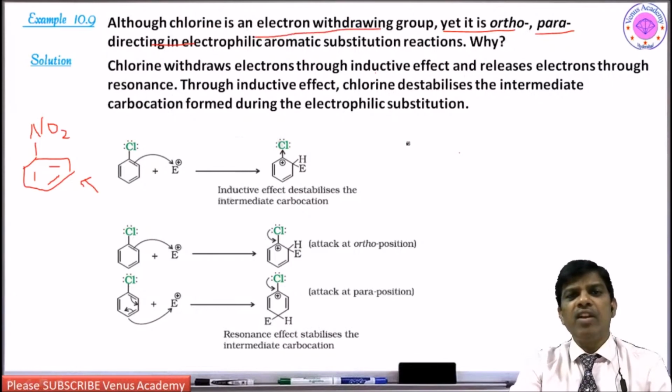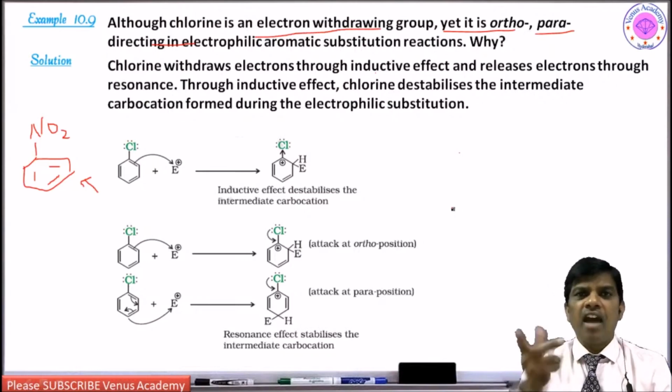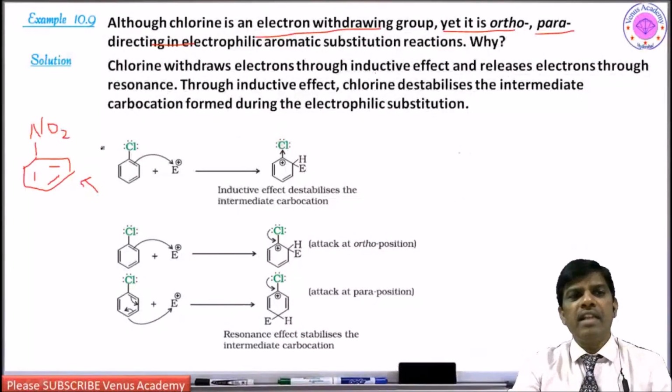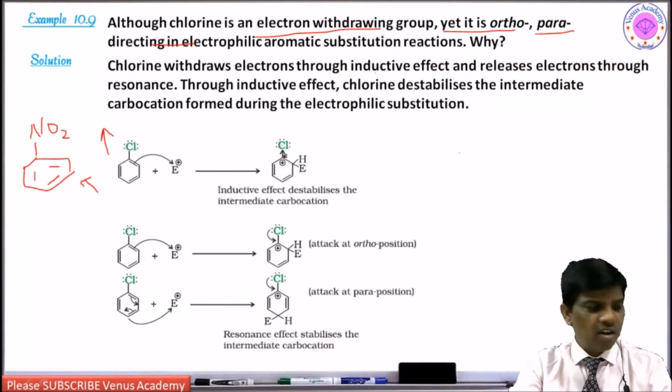However, it is undergoing electrophilic substitution, and it is directing ortho-para, contrary to its electronegativity. The reason is, though it is an electron withdrawing group pulling the electron density of the benzene ring towards it, the resonance stabilization or back donation of the lone pair electrons is major, right?